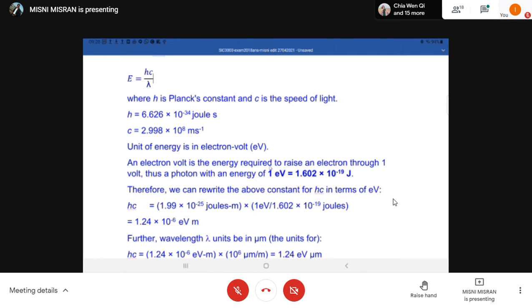You have lambda, the wavelength at the moment, you have the Planck constant, and you have the speed of light. You write them down. Don't forget to write them down in your answer sheet. Write the equation down, and write the constants down as well.